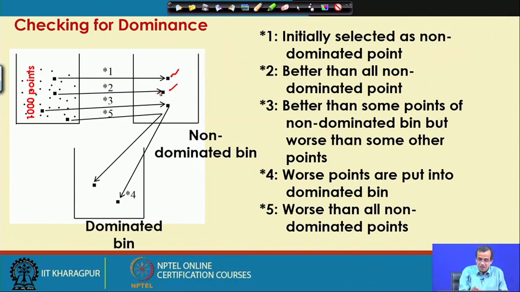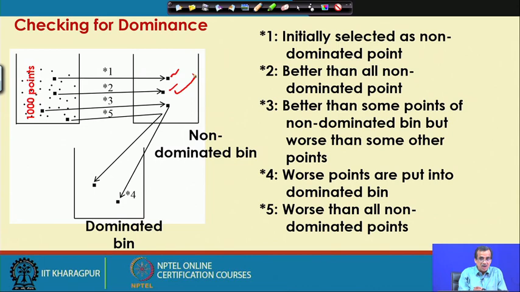If it is found to be better than the non-dominated points which are lying here already, it is put in this non-dominated bin. So, solution 2 is put here in the non-dominated bin.